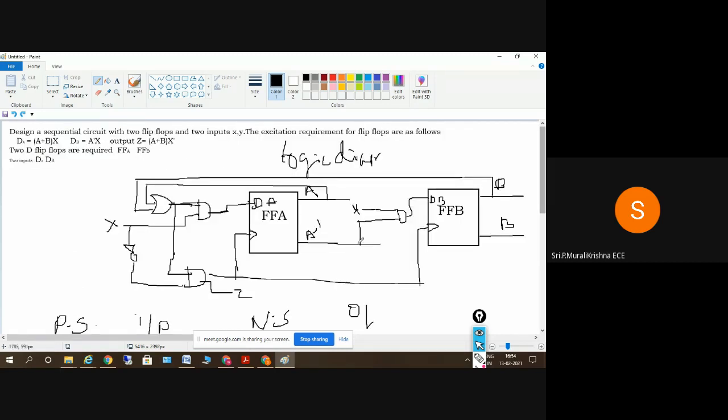When we are using two flip flops, we'll have two present state variables, and when we have two, 4 states are possible. So 2 power n is the number of possible states, where n is the number of flip flops. So the maximum number of possible states is 4 here.